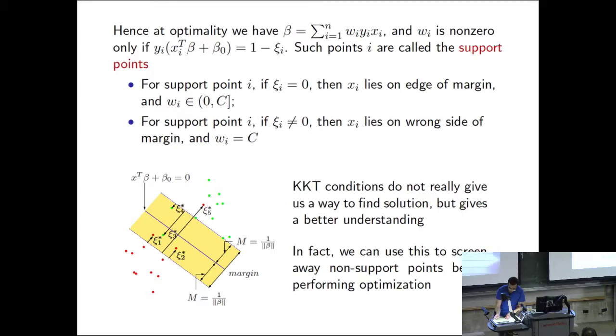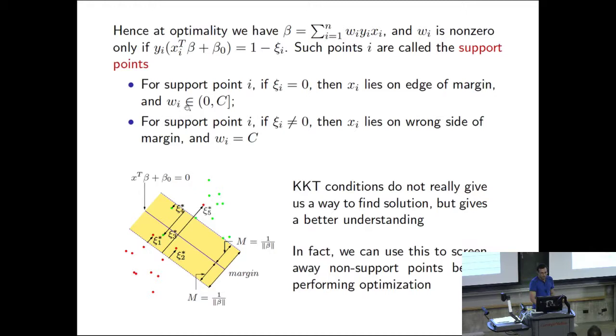And what we've just said is that there is one type of support point, let's say xi comma yi, that has this property: when I look at xi transpose beta plus beta naught, it gives me exactly yi. So supposing yi was positive, a positive example with a positive label, it lies exactly on the edge of the margin. That's one type of support point.